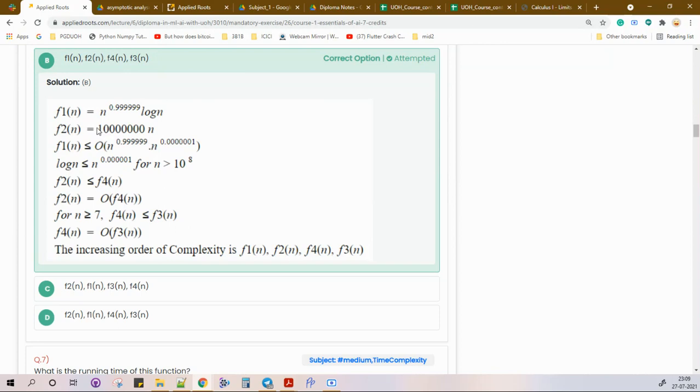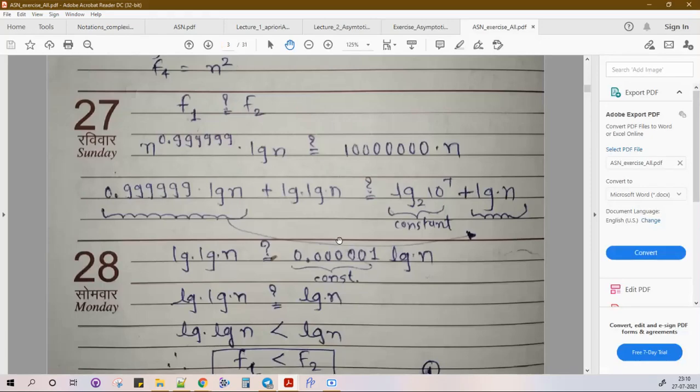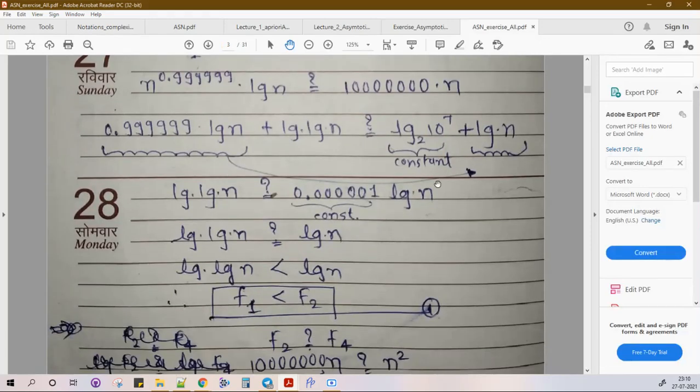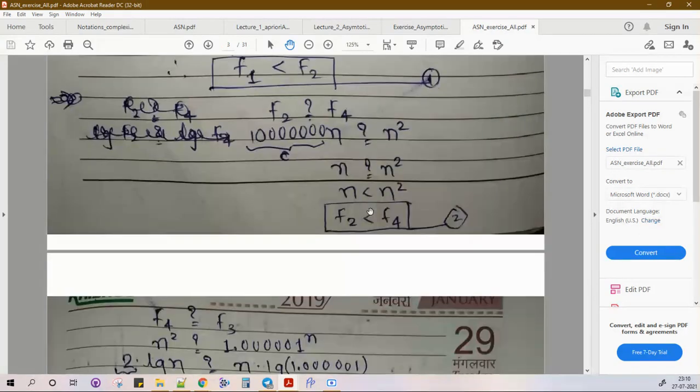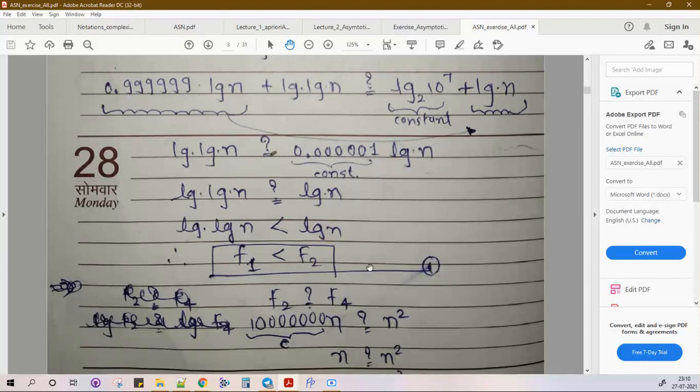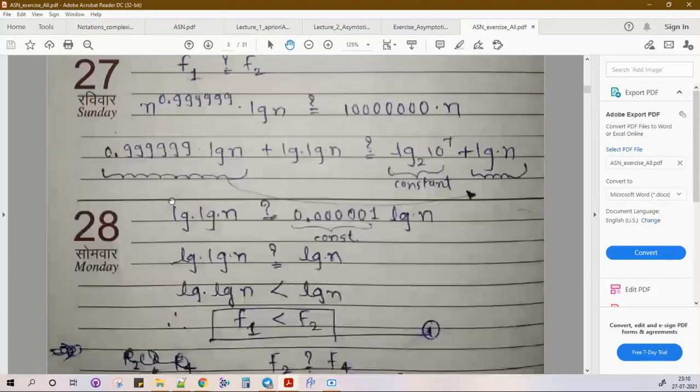F1 and F2 is not compared anywhere. Okay, so let's move further. I don't know, but this is possible because I have done this multiple times and this works actually. So let's jump on to comparing F2 and F4 now.